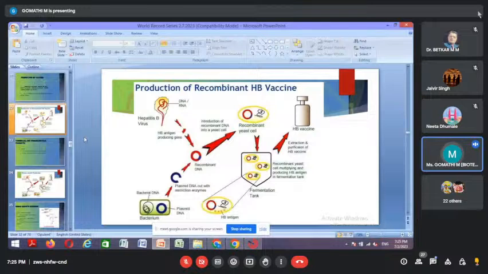That DNA is now called recombinant DNA. This recombinant DNA is inserted into a yeast cell, where a large amount of that viral protein will be expressed, and the vaccine is extracted, purified, and used for curing the disease.